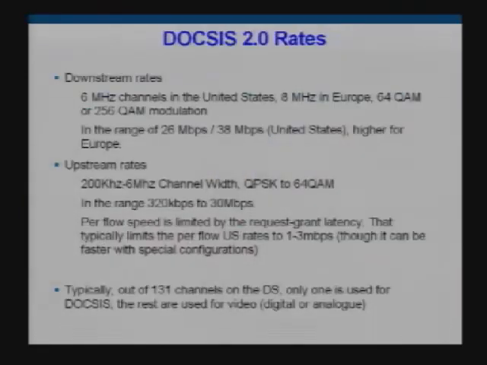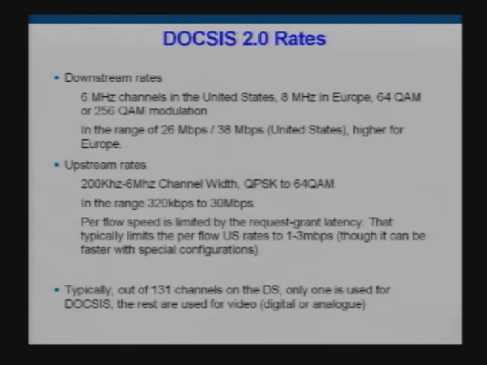So let us take a quick look at what we had with the prior version of DOCSIS, which is DOCSIS 2.0. In the United States we have 6 MHz channels available for downstream, and in Europe, as we know, it is 8 MHz. In the downstream direction it supports 64 QAM as well as 256 QAM modulation order.